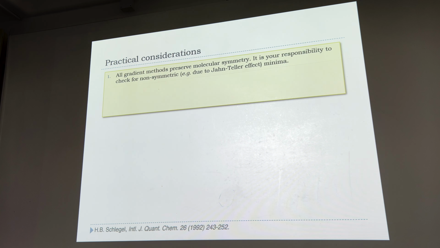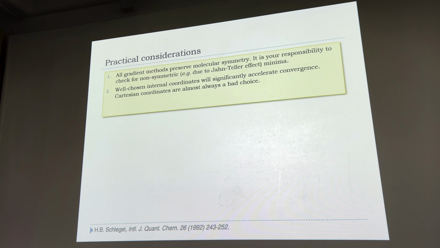And it is your responsibility to check for symmetry breaking in various d-element complexes, for example, with degenerate ground states. Degeneracy can be lifted through Jahn-Teller effects, so chemists know what that is, but that creates non-symmetric minima in molecules that are themselves, chemically, by the structure and the bonding, actually symmetric. So checking for these things is your responsibility.